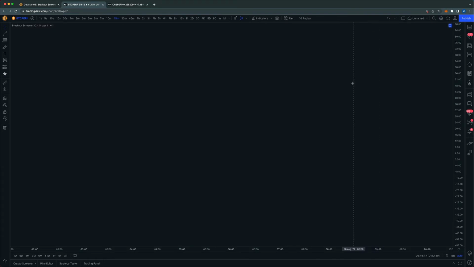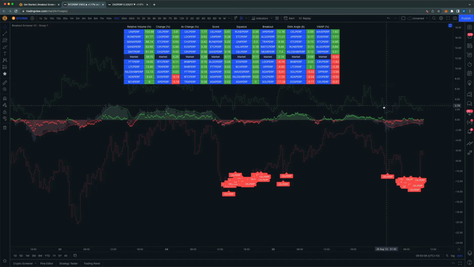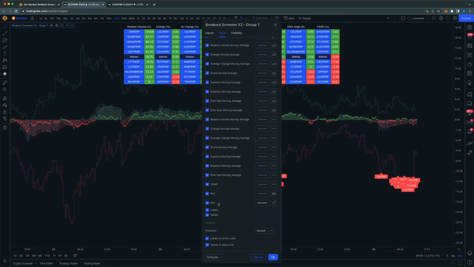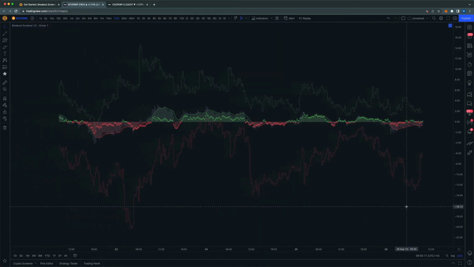So let's say you're about to spend the day trading. If you pop this on a 15-minute chart or 5-minute chart, whatever time frame you're comfortable working on, and let's just refresh here. Now what I'm going to do is jump into style, and I'm going to turn off labels and tables, so we're just looking at this raw data.